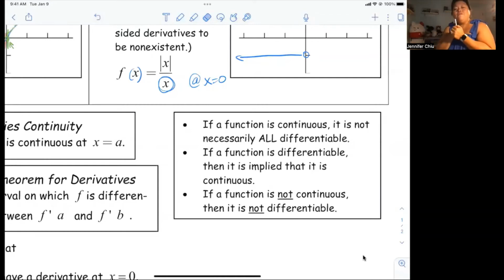Therefore, the last bullet point is that if it's not continuous, like in number 4 here, then it's not differentiable. So continuity is a must for it to be considered differentiable. Then you look at the different cases to see if it is truly differentiable, and there is a possibility that it's not because it is a vertical tangent or a cusp, even though it is continuous.